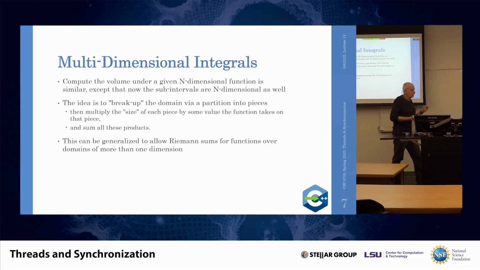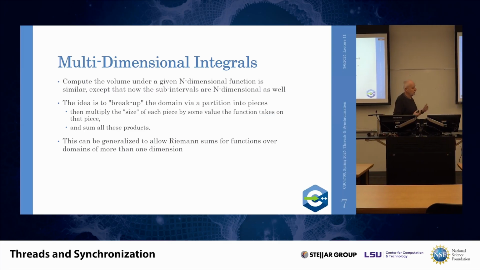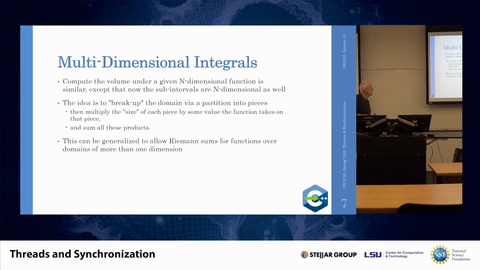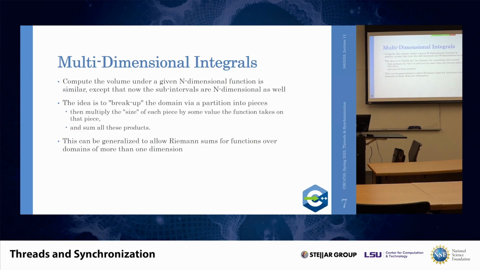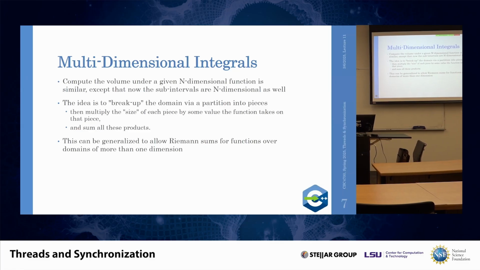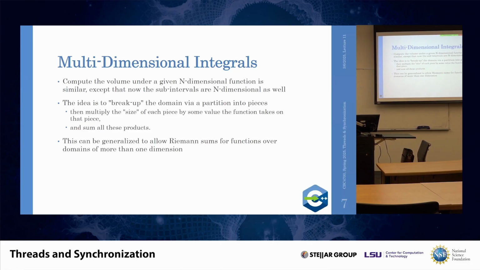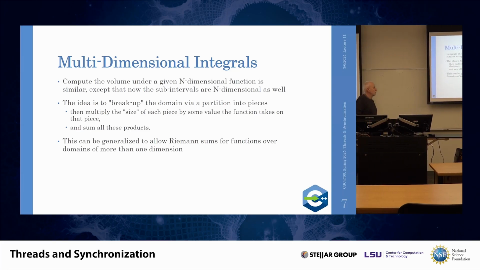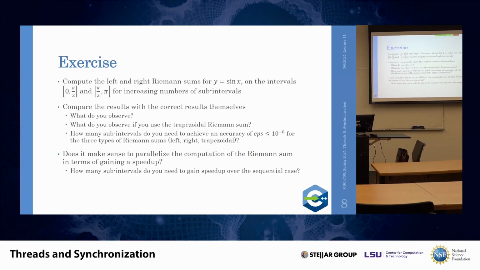We compute those volumes in the same way as we computed the areas underneath the function and sum them up, which gives us the overall integral, obviously. So we can generalize the Riemann sums for functions over domains of more than one dimension easily.